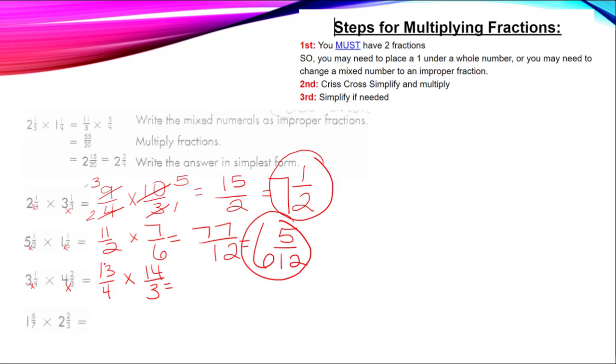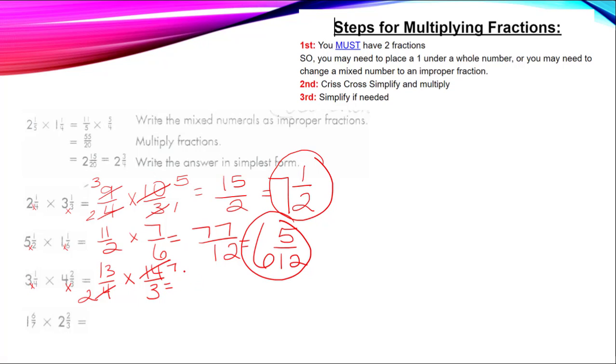So now I'm going to see if I can crisscross simplify. And I can on the 4 and the 14. So both of those can be divided by 2. 4 divided by 2 is 2. 14 divided by 2 is 7. The 13 and the 3 cannot be divided by the same thing, so we can go ahead and multiply.